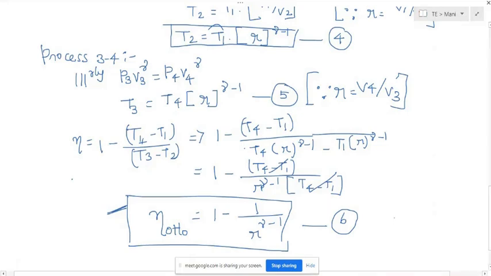So if the r value is increased, what will happen? Definitely the efficiency of an OTTO cycle also increases, right? For a petrol engine, the maximum compression ratio may be up to 8.